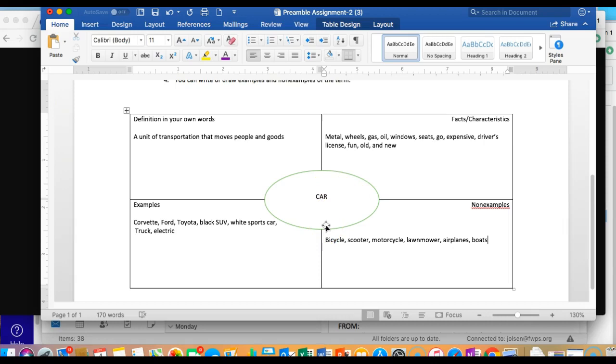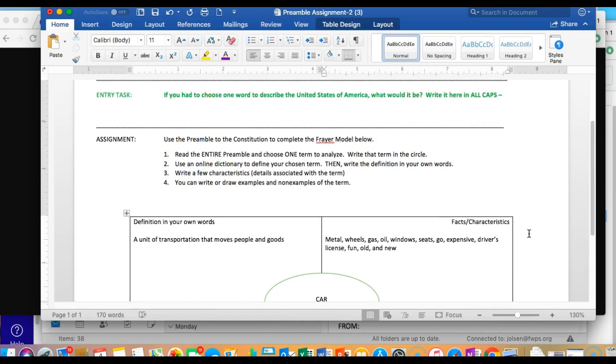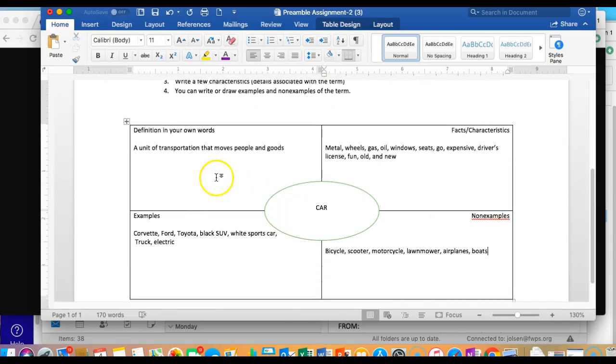Okay? Now, I know this is kind of a simple example for filling out the Frayer model. I wanted to give you an idea of what it means to create a list of facts and characteristics of that word, and then to help you figure out examples and what are non-examples when we're talking about the term from the preamble.